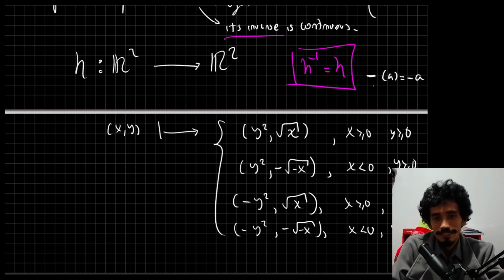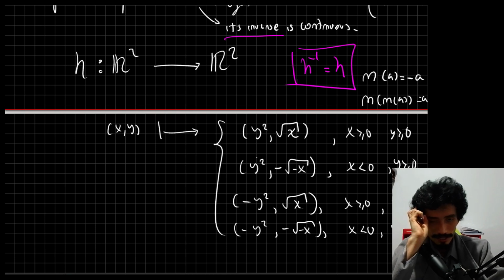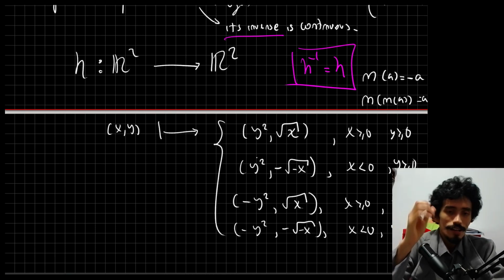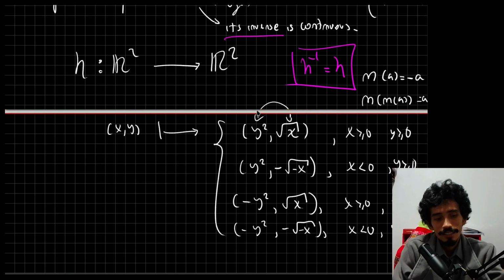It's its own inverse. Let's write it with an m. So m of a is minus a, and m of minus a is a. So this function is its own inverse, and that happens here because we have the square root and the square, so they are inverses. One time you swap the places, and then the second time you swap the places again, and so the operations are reversed.